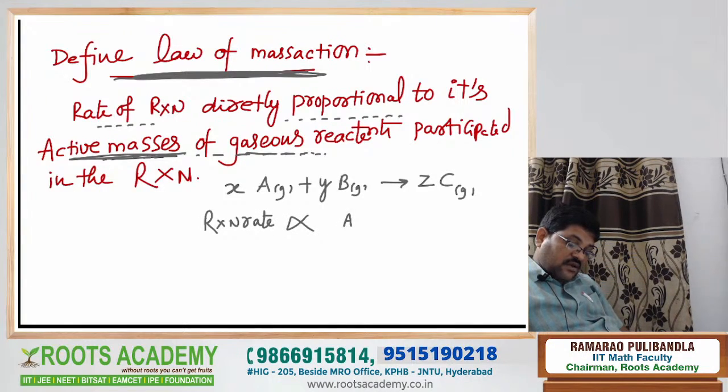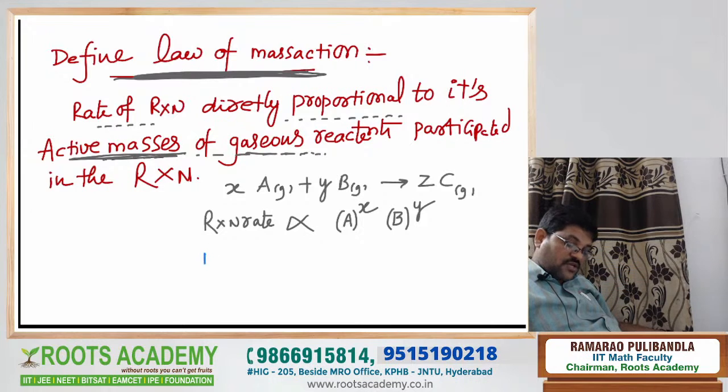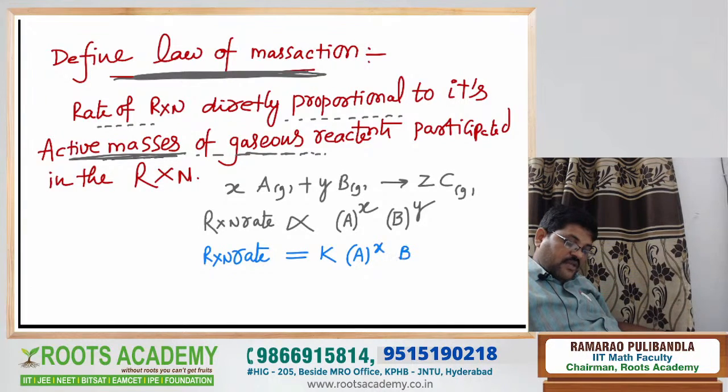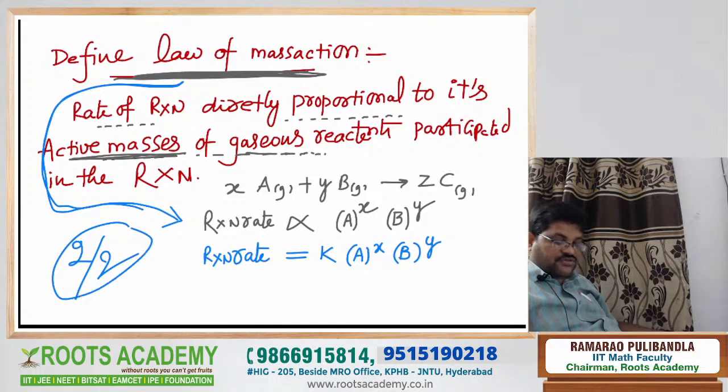The active mass of reactant A, number of moles rising as the power X, and B, number of moles rising as the power Y: A power X, B power Y. To remove the proportionality, you write: reaction rate equals rate constant into A power X, B power Y. Write the statement like that and write the equation like this and you get full marks, 2 out of 2 marks for IPE, no doubt.